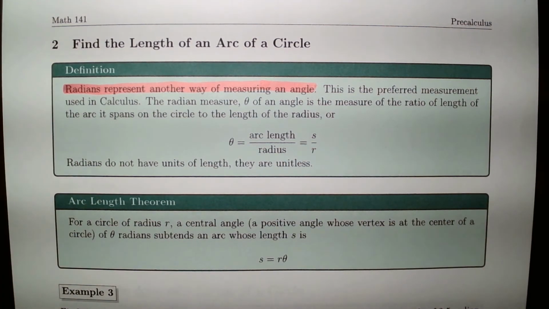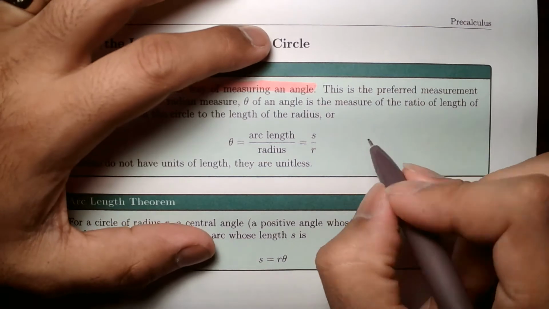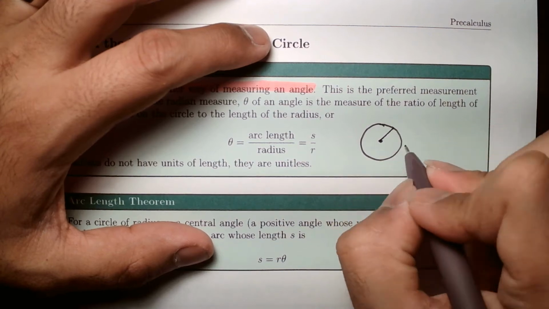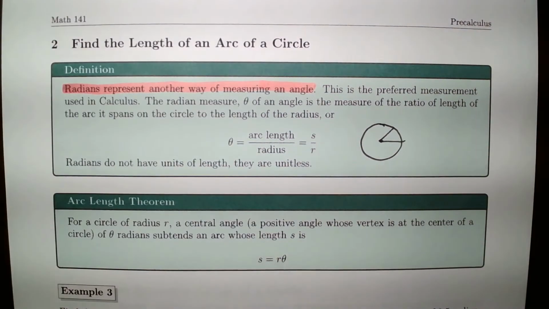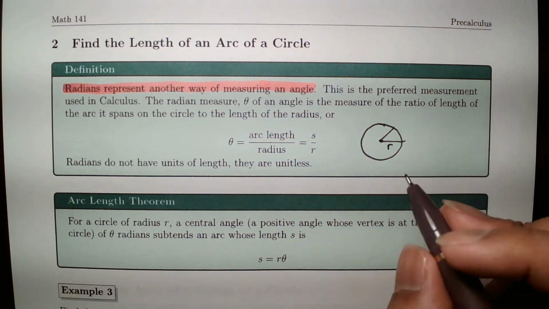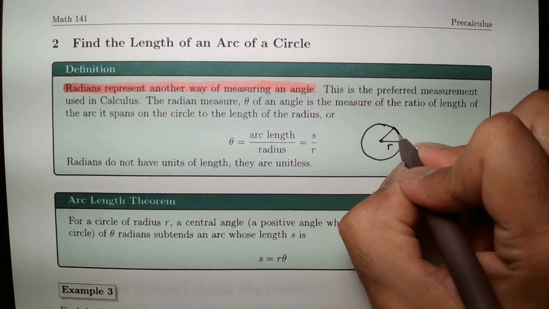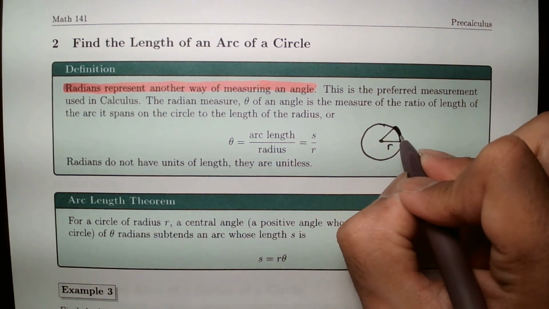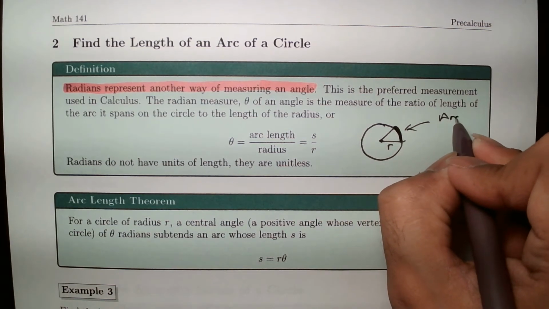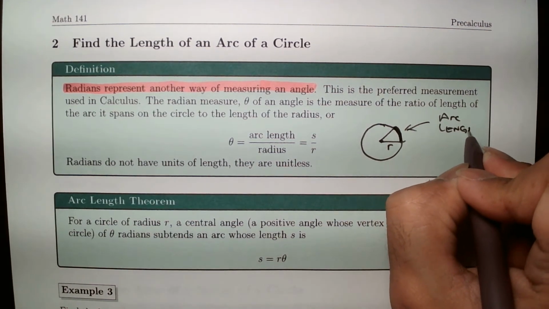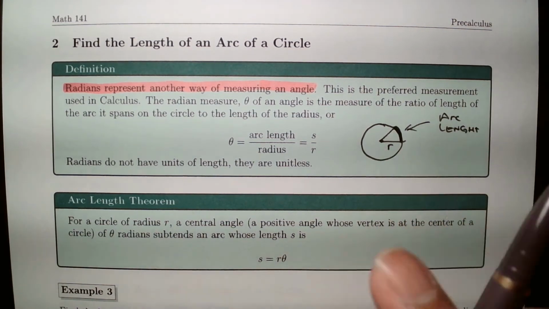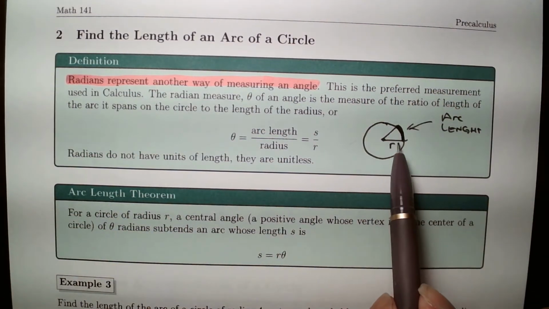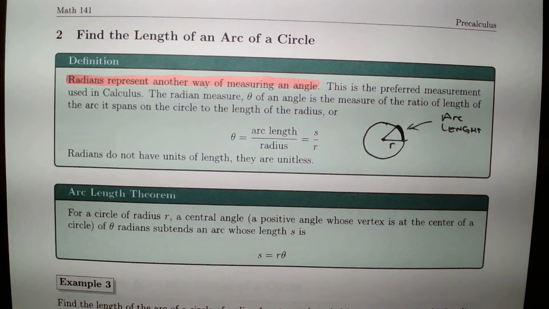Well, let me draw a real quick picture here. So in this case, let me draw a circle, and there's the center. This is the angle somewhere here. This is the radius of the circle, and this length right here, this portion of circular length, is called the arc length. And that arc length is formed by opening the two rays right here, depending on the angle.